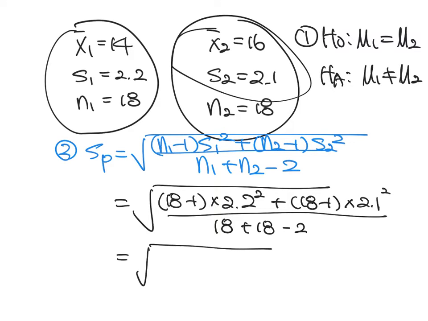Can you give me the numerator, please? Using your calculator, 17 times 2.2 square plus another 17 times 2.1 square. Please give me the numerator first.